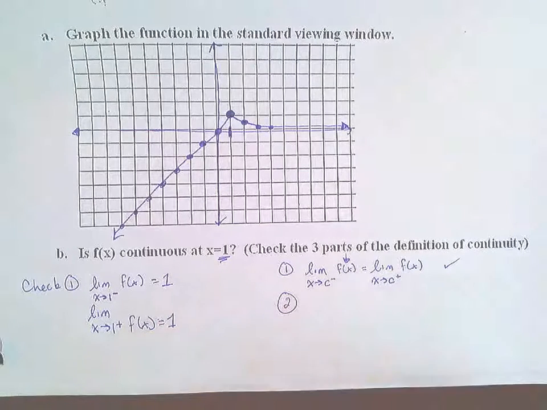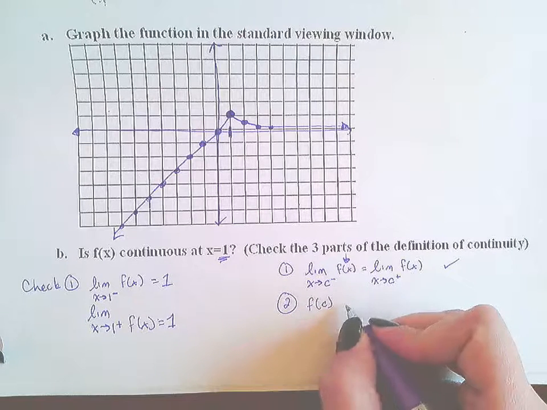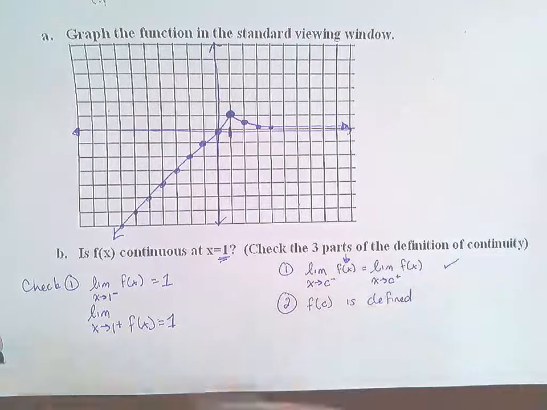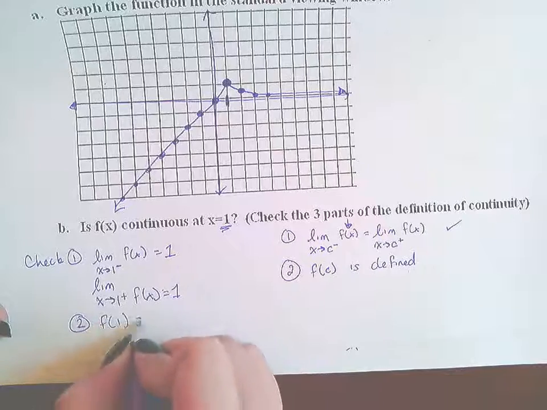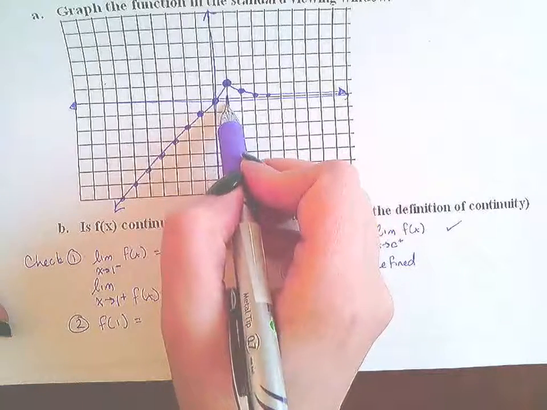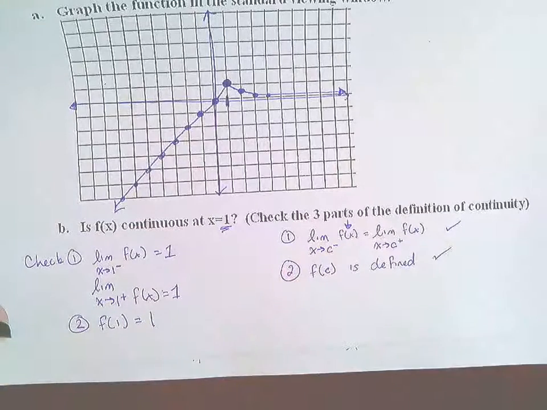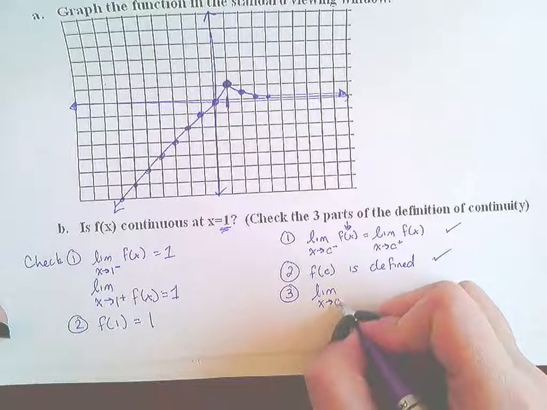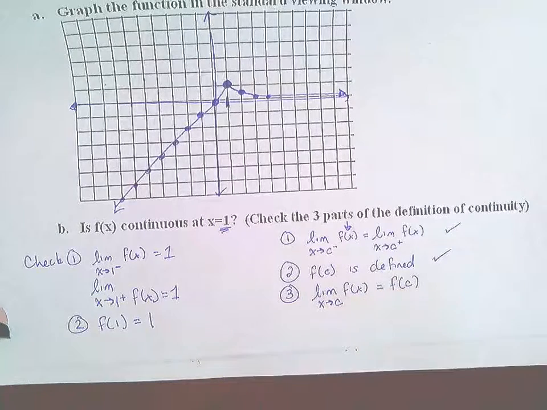Part 2 says, is f of c defined? So to check number 2, f of 1 is what? f of 1 is 1. So, yep, it's defined. And then the last part says, does the limit as x approaches c of f of x equal f of c?